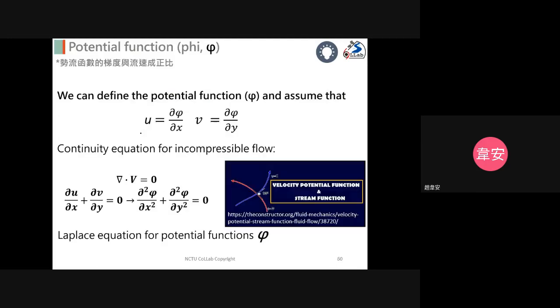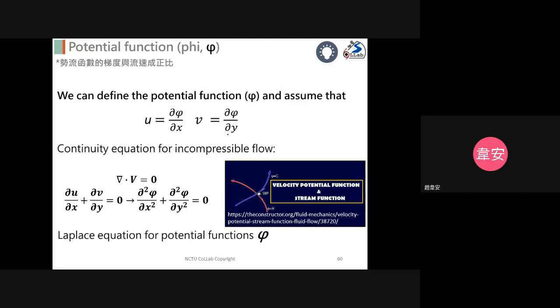And what is the potential function? We use the phi operator. The potential function can be defined by u equal to dφ/dx and v equal to dφ/dy.